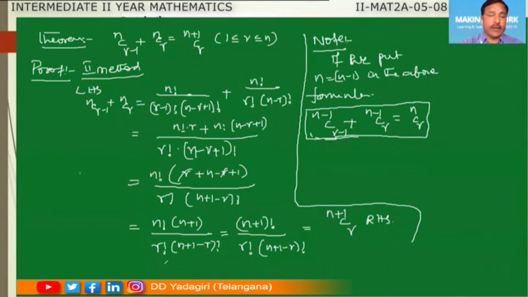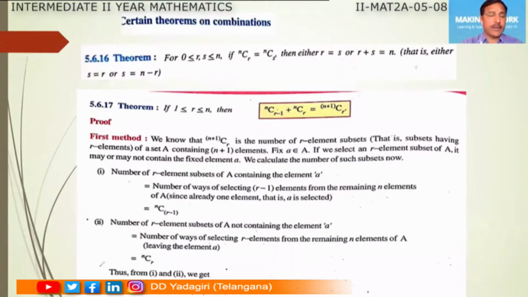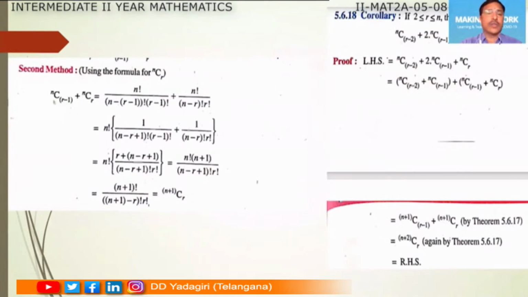Okay, now we will go to the next point. I'll clear this board. So this is the second method, just now we proved. The application of this formula is here. We have one example. You can see this example.